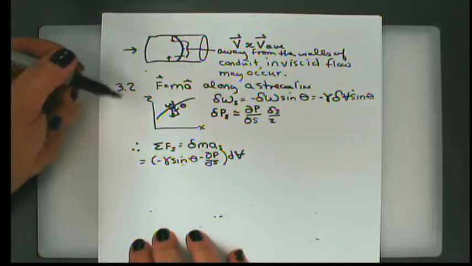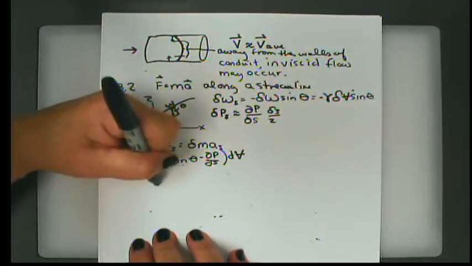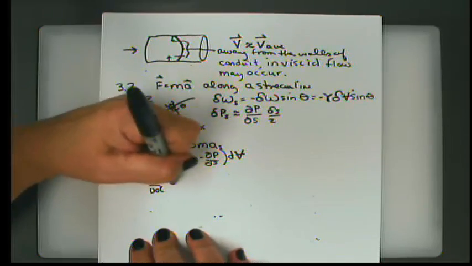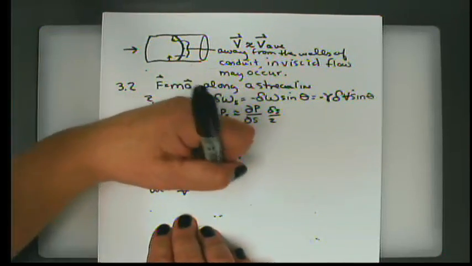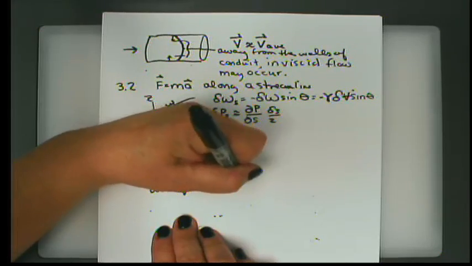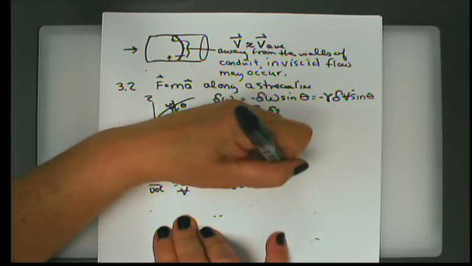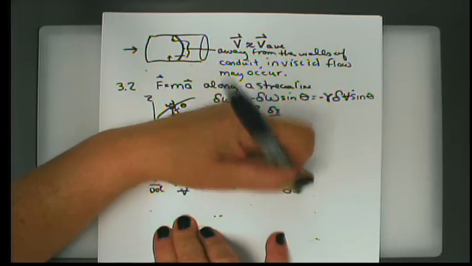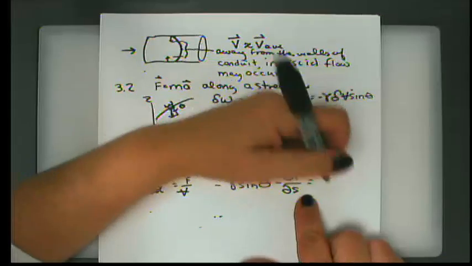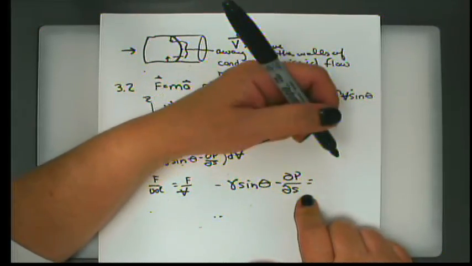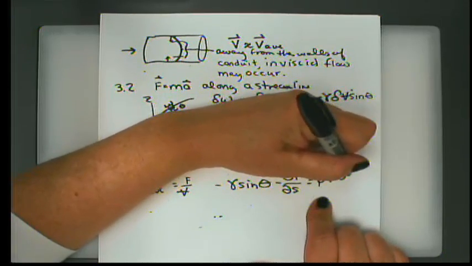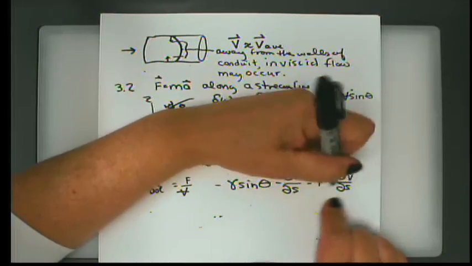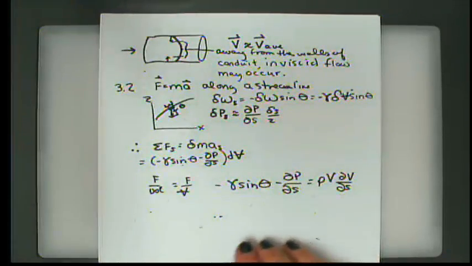The way I have it written, my signs are all correct as well, just making sure I had everything working properly. So if we then want to talk about a force over a volume term, which would be force over V, we can divide that out and come up with negative gamma sine theta minus del P del S equals, this is the mass times acceleration, once again divided by volume, which is rho V dV ds, remembering the derivation for the dV ds. Let me pull this up here again for acceleration.